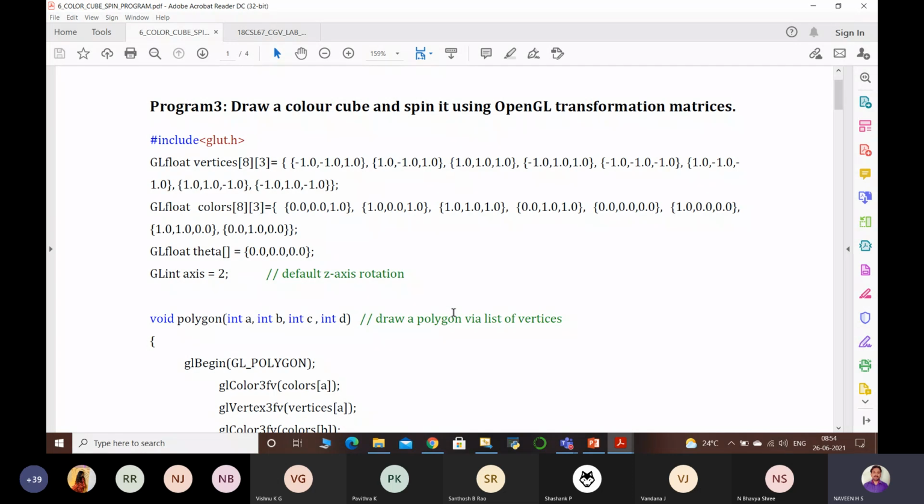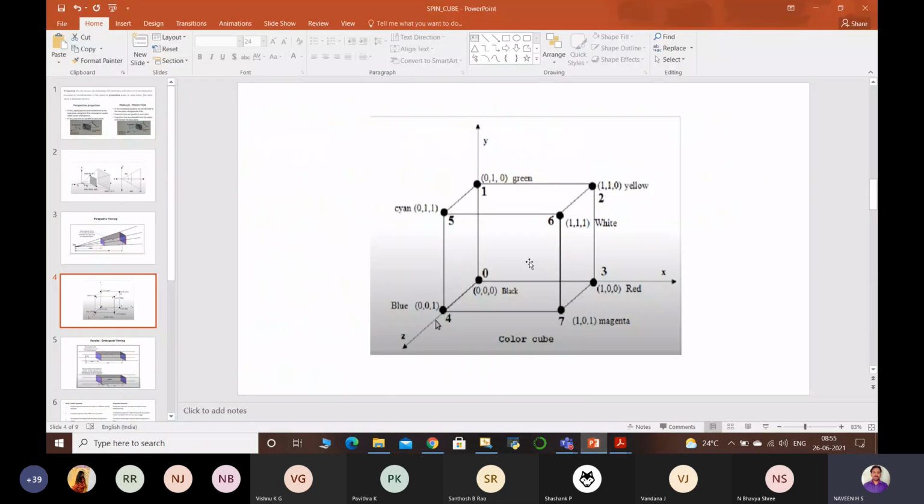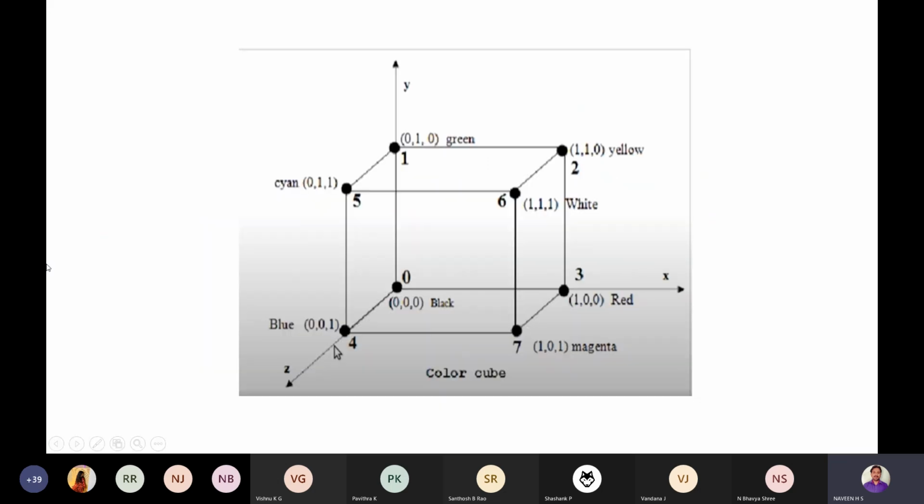Again, as usual, before that I will explain this diagram so that you will understand better. This is the three-dimensional cube. I have constructed it and marked the reference vertices also. There are 8 vertices and 6 faces for this cube.